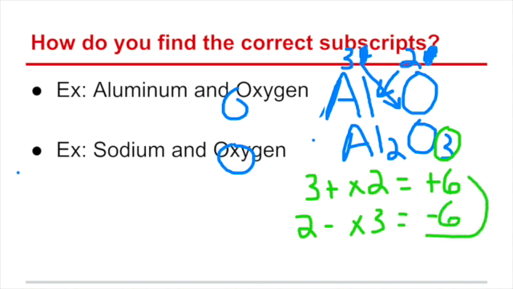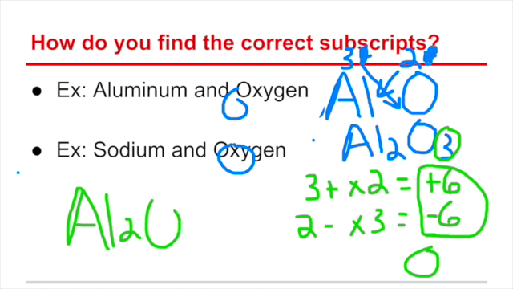For all you math whizzes out there, if we take a plus 6 and a minus 6, obviously we get 0. So the charge is balanced. So we figured it out. The chemical formula is Al2O3. Okay, charge is balanced. There's our ions. All right.